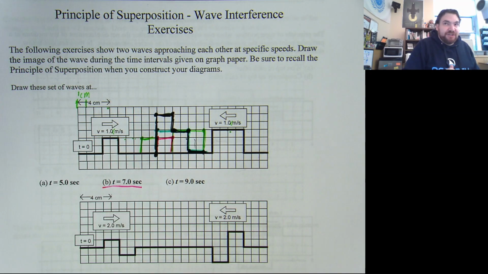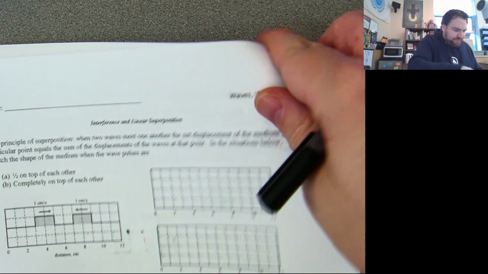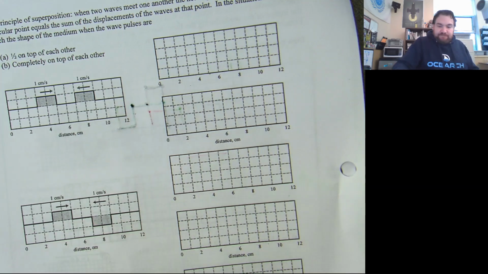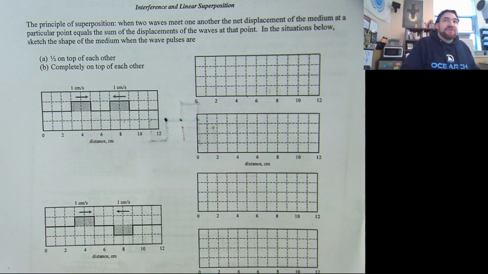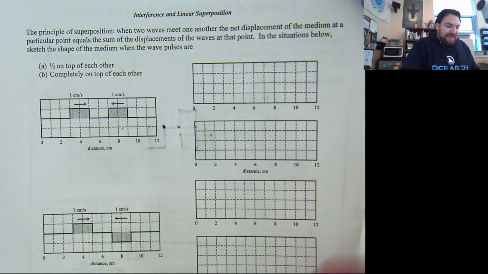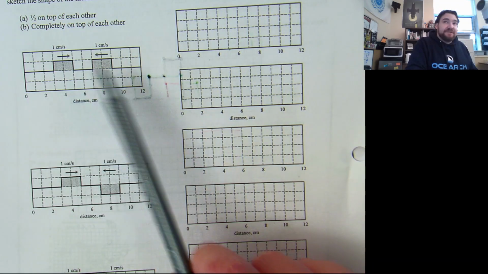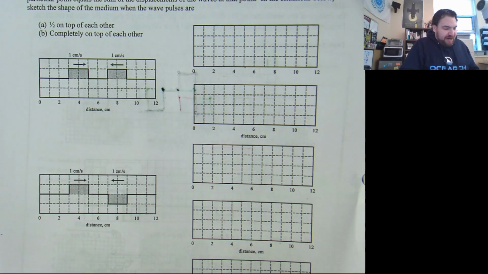Okay, here's what I'm going to get you to do. I want you to play with this a little bit. Flip the page. There's a few of these drawings I want you to do, and I've actually given you separate graph paper for this one. These first 3 give you the waves traveling in. They don't give you time frames to work on.